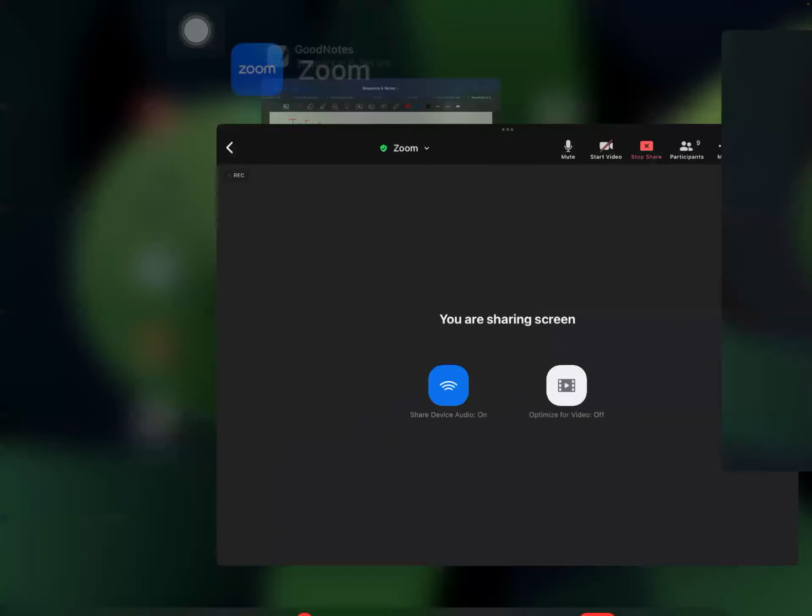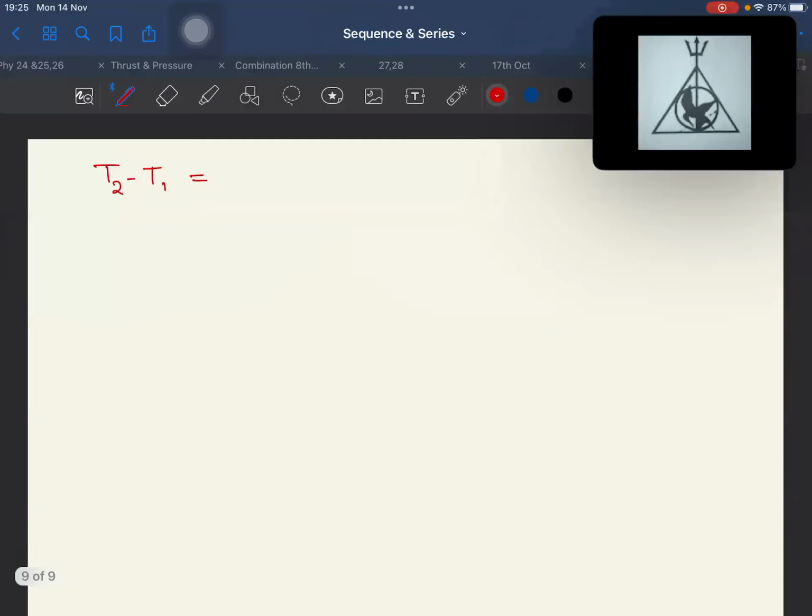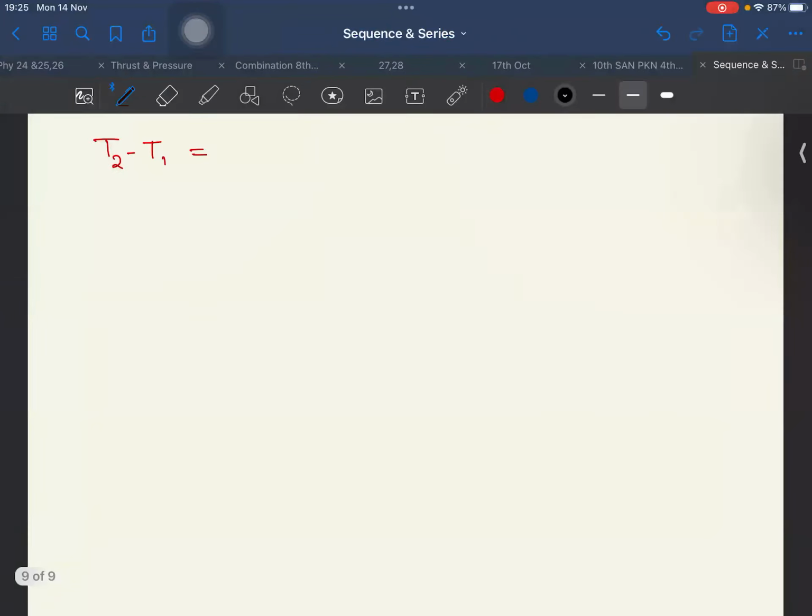Got it? T2 minus T1, how will you find out? So the second term is what? Log A square upon B, and minus the first term, which is log A, right?